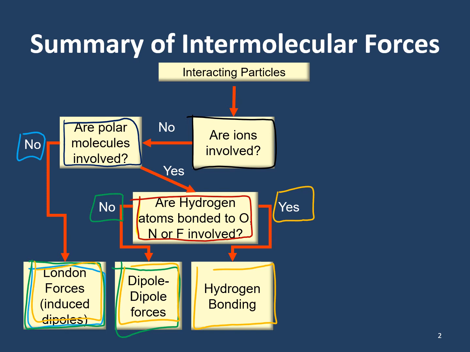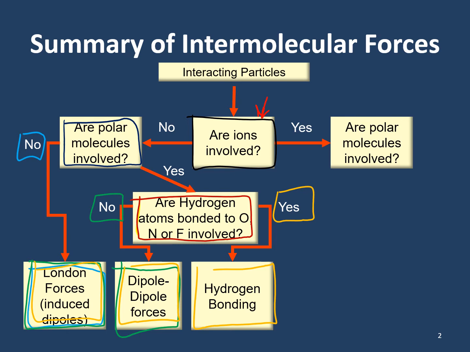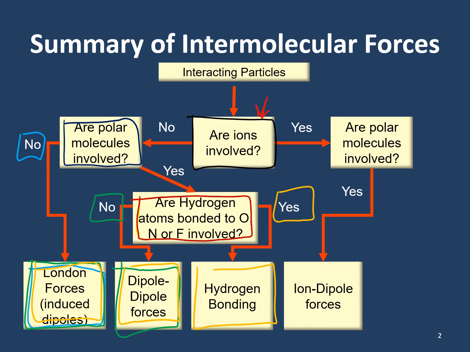However, let's go back to the very beginning. Let's say, yeah, right here, that wasn't a no, that was a yes. Then you need to ask yourself, are there polar molecules involved again? And if the answer is yes, then you have ion-dipole, you definitely have dipole-dipole, you definitely have London dispersion, you maybe have hydrogen bonding present.